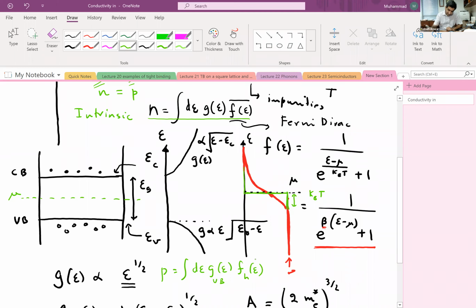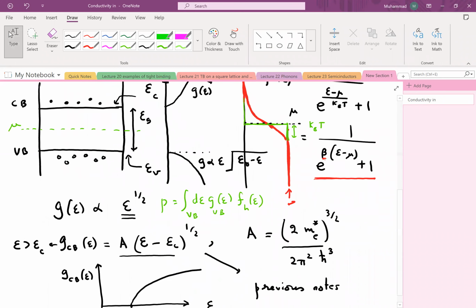Here we have it for the electrons, and this integral is over the valence band, whereas this integral is over the conduction band. So what will the Fermi-Dirac function look like for holes? Is it going to be exactly the same as the Fermi-Dirac function for electrons? It should be a mirror image of it. Shabash. It should really be a mirror image of it.